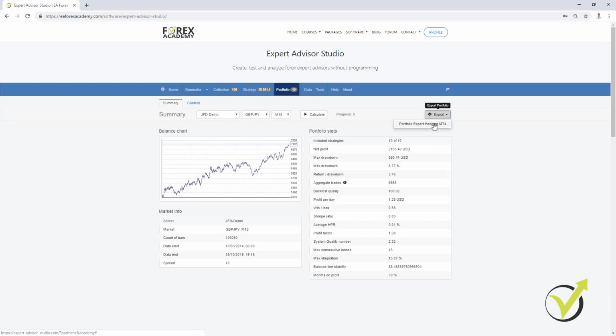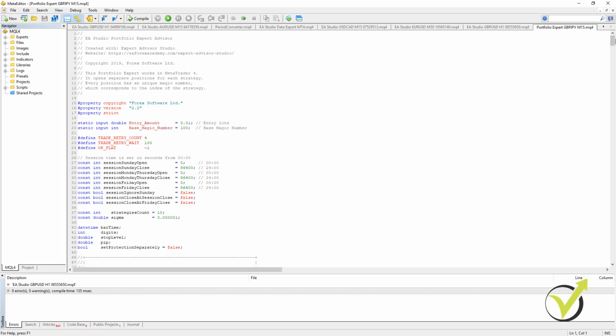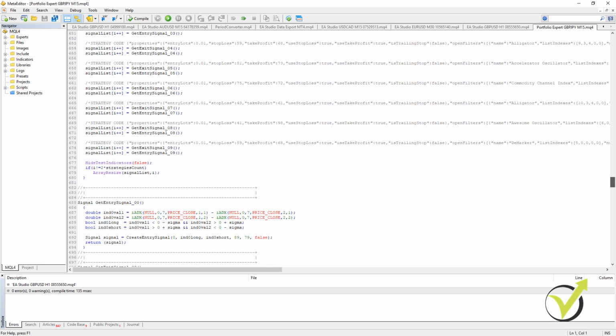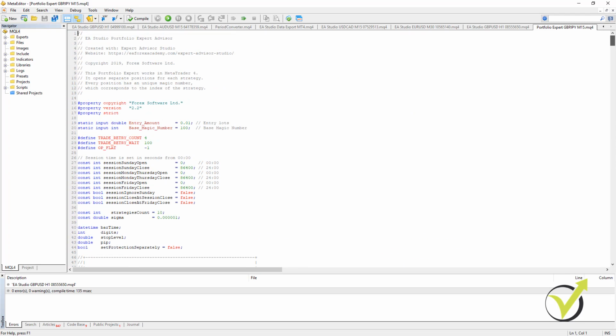Probably if one day the brokers start to offer hedging with MetaTrader 5, the option will be available as well in the software. And if I click on it, you will see the portfolio expert advisor is exported, and I can put it on MetaTrader for trading. So I will be trading these 10 strategies on one chart in MetaTrader as a single expert advisor.